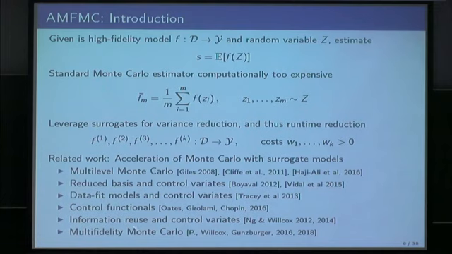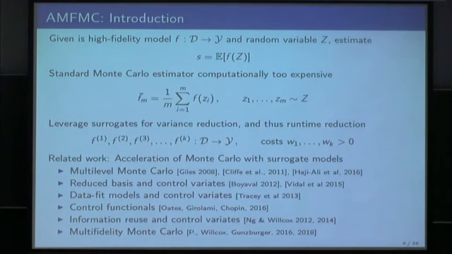And now there's tons of work on doing this. Of course, the first thing I want to mention here is multi-level Monte Carlo. Many people in this audience work on multi-level Monte Carlo, and many have pioneered multi-level Monte Carlo in the PDE setting. There's also work on the reduced basis method and control variates, on data-fit models and control variates, on control functionals, and I will come back to this a bit later. There's work on information reuse.